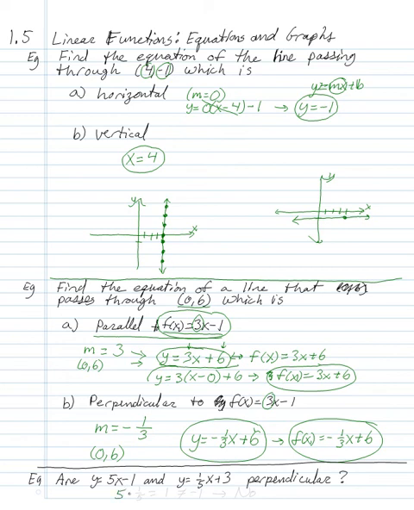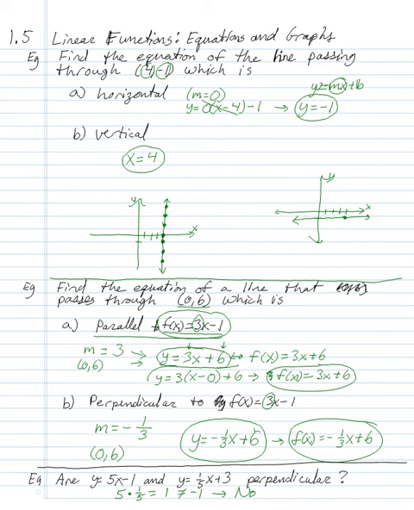Our second line has a slope of 1/5. If we multiply those together, we get 1. We don't get -1, so these are not perpendicular to each other. Moreover, they are not parallel to each other since the slopes are not the same number.